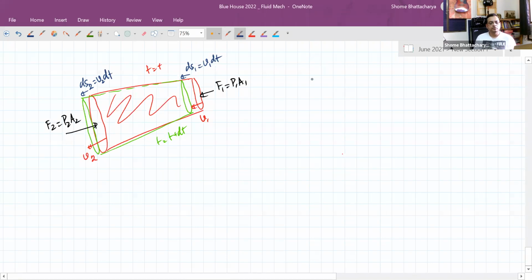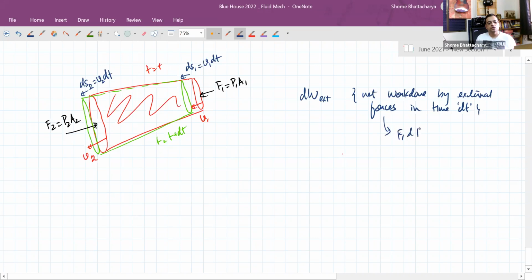So when we write the work energy theorem, the net work done by external forces in time dt, but of course, which external forces? F1 and F2. There are no other external forces which are doing work. So that net work done is F1 ds1 minus F2 ds2.